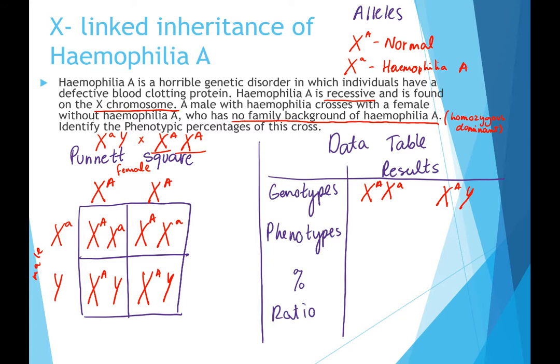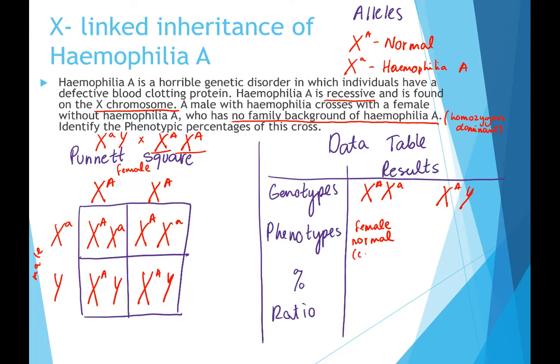In terms of X-linked inheritance, it is quite handy to actually identify male and femaleness. Okay, if the question doesn't specifically ask for it, you don't have to. But I'd say you're always better off just doing it. Okay, so for example, in this case, we have a female who is normal. And in terms of phenotype, that's all you have to write.